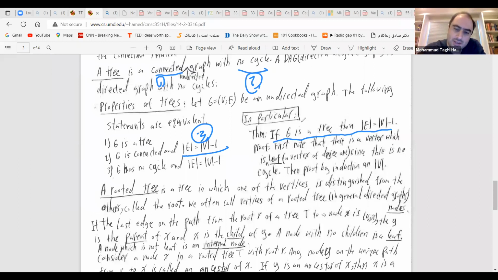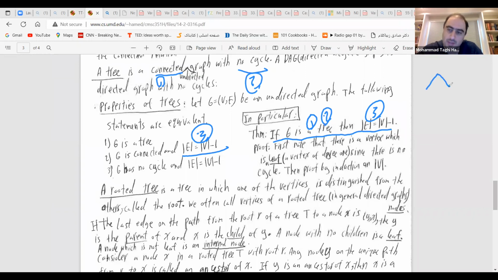So if the graph G is a tree, it means that it has 1 and 2, and you want to say it also has 3. Good. So why is it the case? We need to actually prove this one.